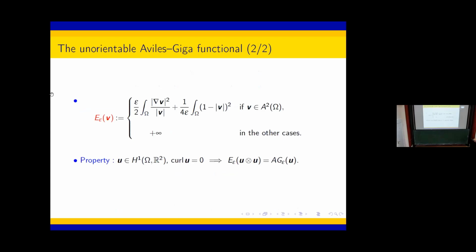Okay, and then I can replace in the energy, and then I look at the Aviles-Giga energy. I can write it like this. When V is of this form, U tensor U, then this is exactly the... So what's the curl for that topological U effect? 0.